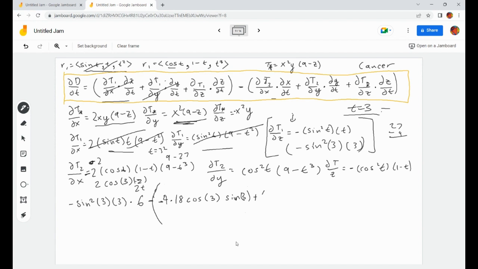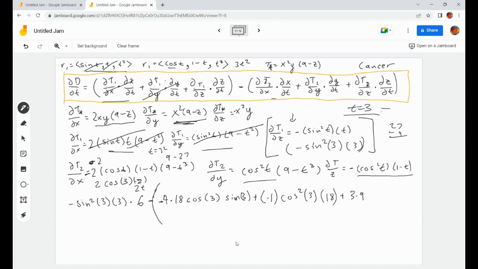Next one is -1. So we already have the derivative of that one, which is obviously easy to figure out. And over here is torture again, which is cosine squared by 3 by minus that. So we have 18 again. And then plus this again. So we have this again, which we'll get the derivative of this one first.